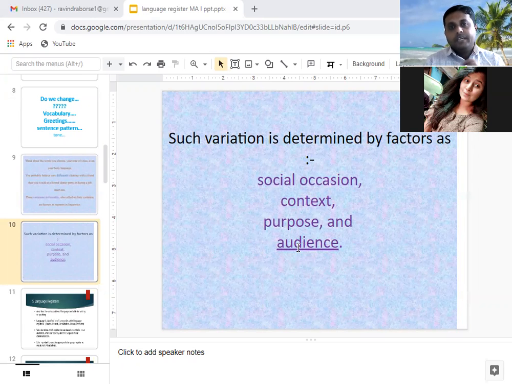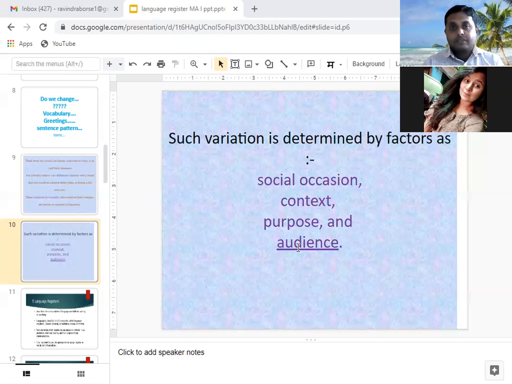But if you go to visit geography classroom, then what would happen? Register would change. So the teacher would use the language related to geography. If you go to the mathematics class, the teacher would use the language related to mathematics, isn't it?